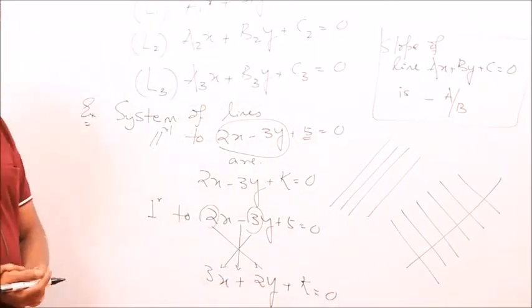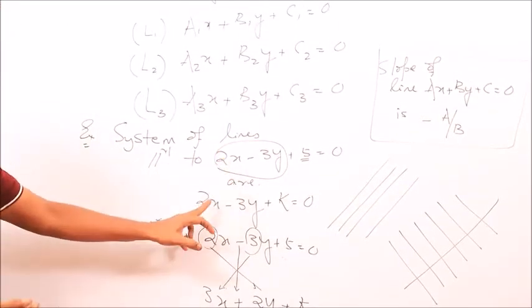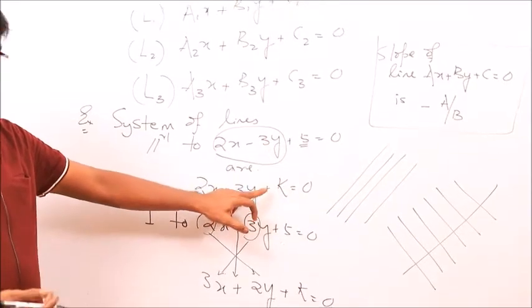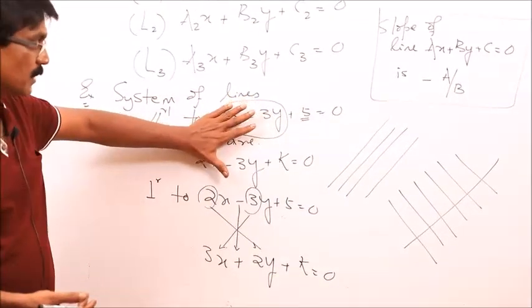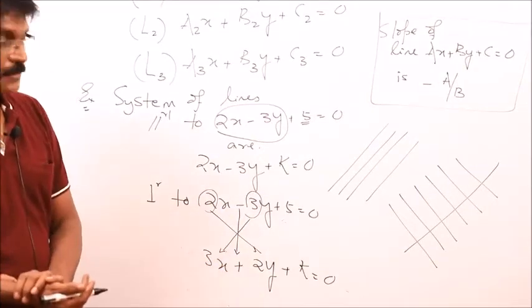So that is system of lines perpendicular to a given line. So here the condition is a1 by a2 is equal to b1 by b2. So x and y coefficients remaining equal, but here a1 a2 plus b1 b2 is equal to 0.